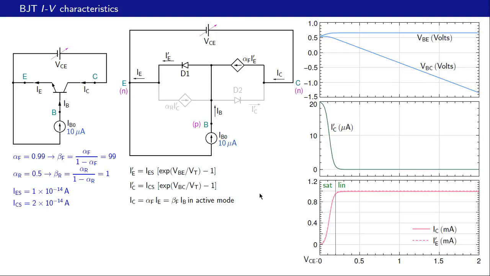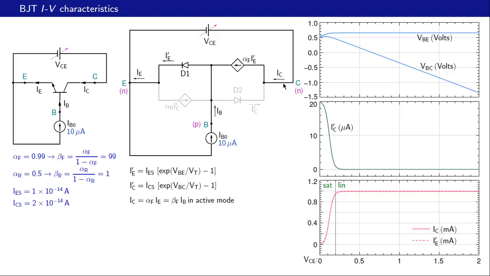Let us summarize the situation for VCE equal to 1 volt. We have about 0.7 volts appearing across D1, and the rest of the voltage, that is 1 volt minus 0.7 volts, about 0.3 volts, appears across the base collector junction.